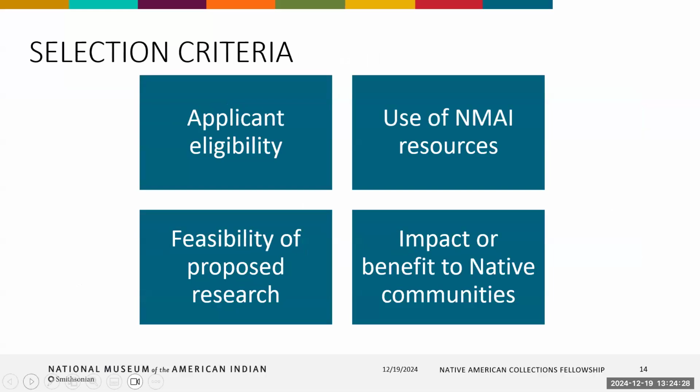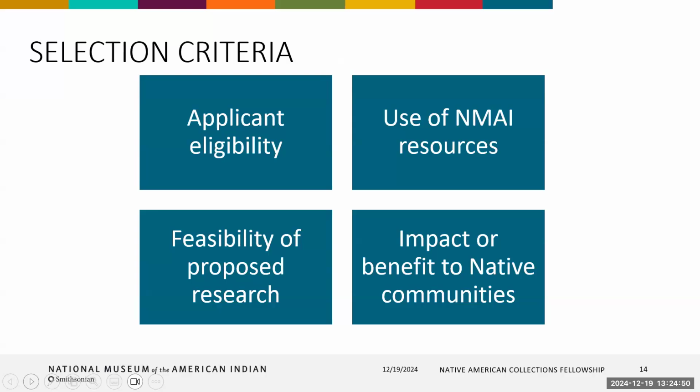We do have an extensive review process. And so I do just want to also highlight some of the selection criteria that reviewers will be considering as they're going through applications. One, of course, is applicant eligibility. Do you fall into the eligibility standards for this program? Are you a good fit? Another is use of NMAI resources.